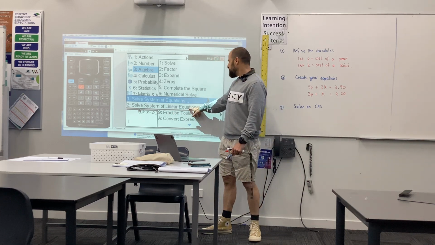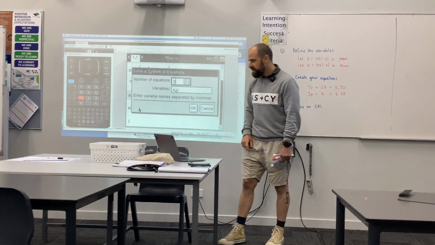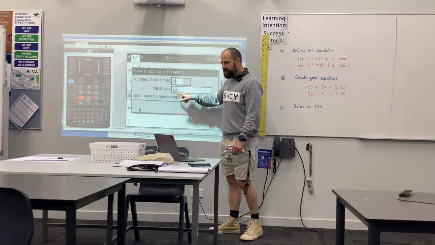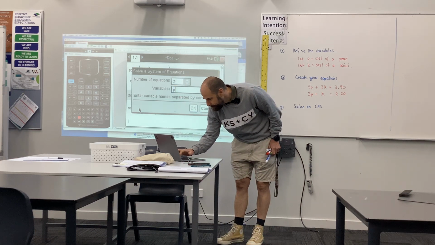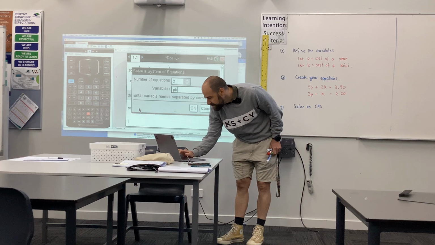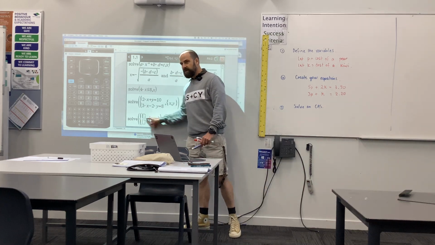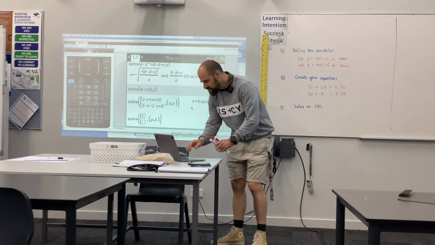You can use this one in this case because it is linear, but just use number 1. It works for everything. How many equations do we have? 2. What are our variables? P and K. Put a comma between them. And it sets up your little solve command line for you, ready to go. So now all I have to do is type it in.